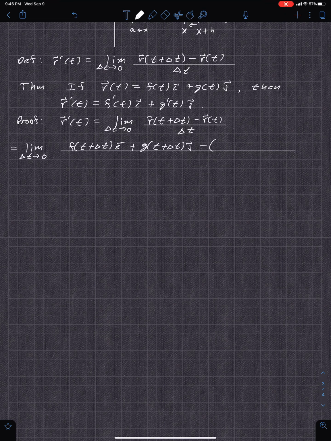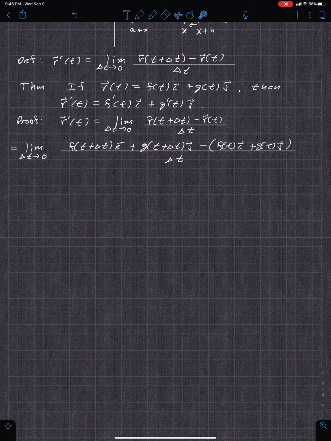So I'm just substituting in t plus delta t for my function, right? Here's r of t, and instead of t, I'm putting t plus delta t. So it's all I'm doing there and there. So it's exactly this form above.